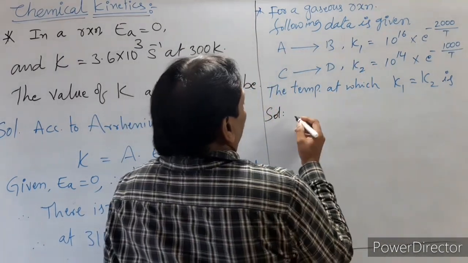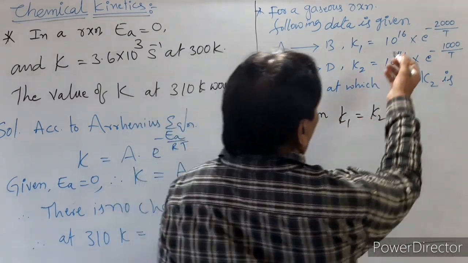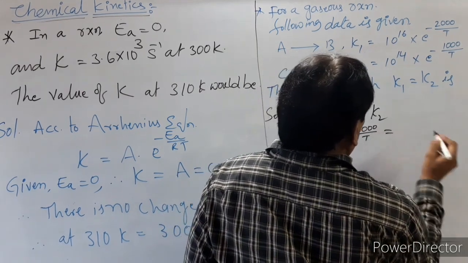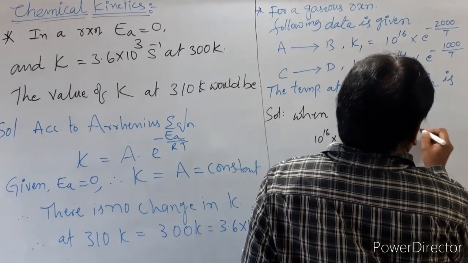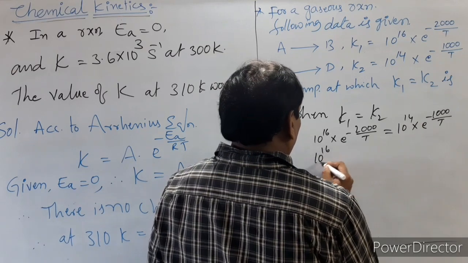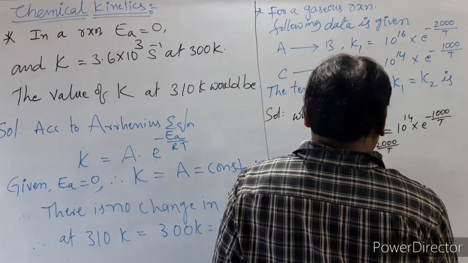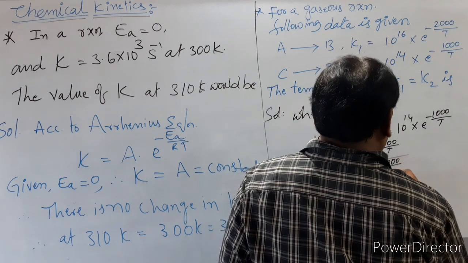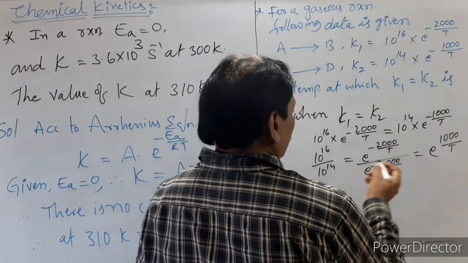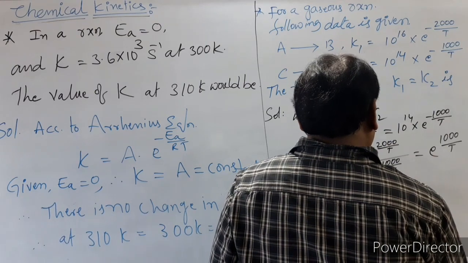Here K1 equal to K2: 10 power 16 into e power minus 2000 by T is equal to 10 power 14 into e power minus 1000 by T. On rearranging, 10 power 16 by 10 power 14 equal to e power minus 1000 by T divided by e power minus 2000 by T, which is e power 1000 by T. Therefore, 10 square is equal to e power 1000 by T.